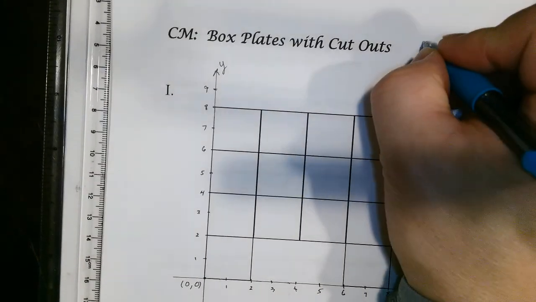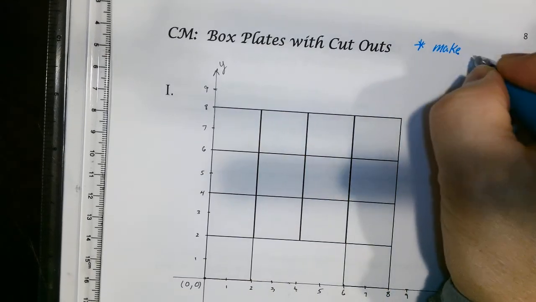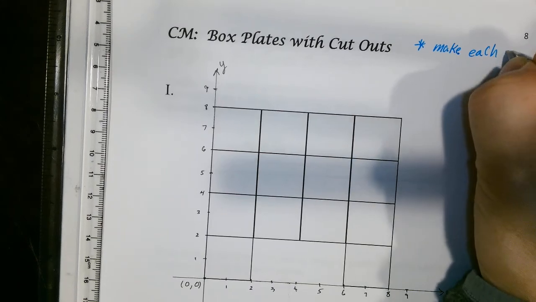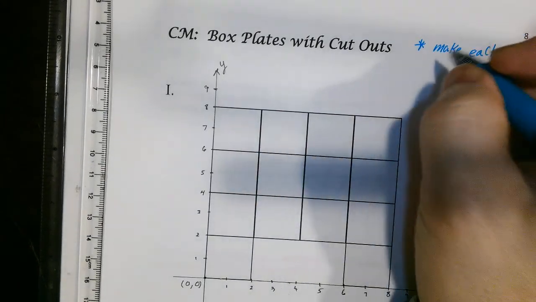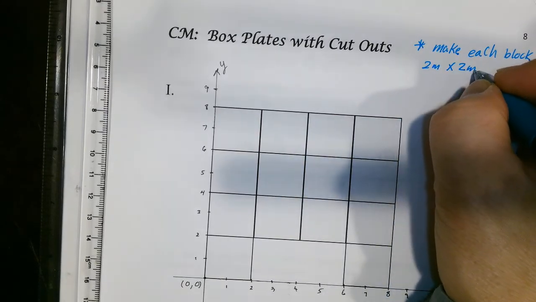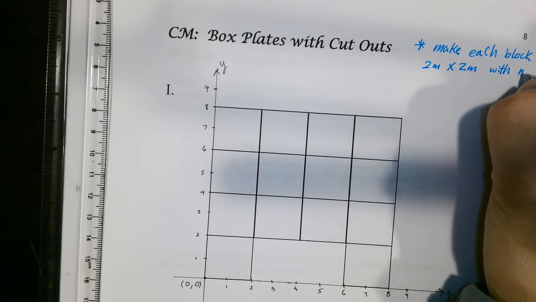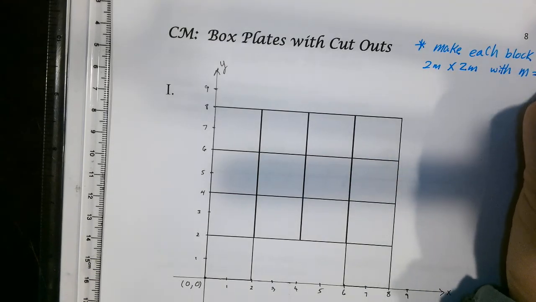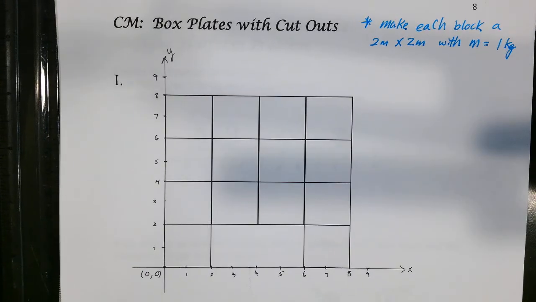Let's make each block 2 meters by 2 meters with m equal to 1 kilogram for each block, and of course uniform density.